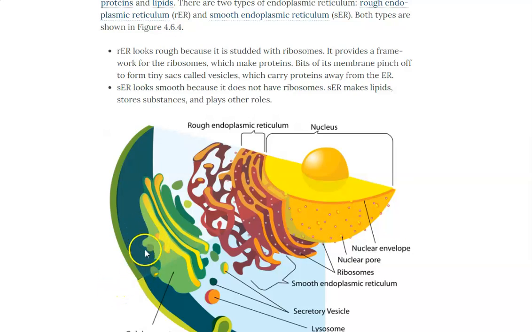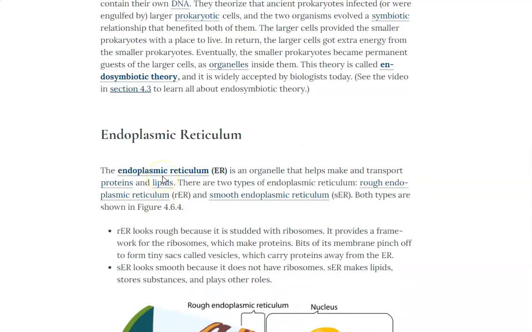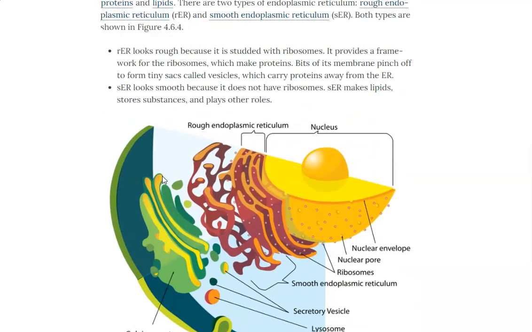If not, these special vesicles coming off the Golgi apparatus can go and make specialized lysosomes or specialized vacuoles. Okay, and that is a brief look at the organelles. Make sure you know the names of them all and their functions.